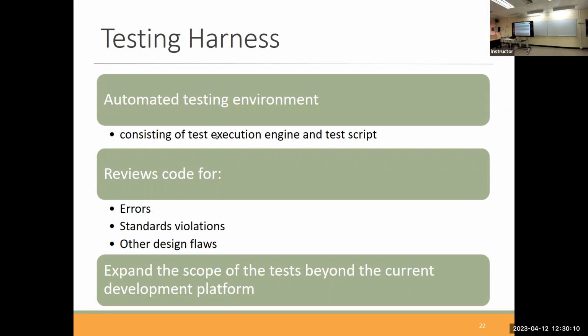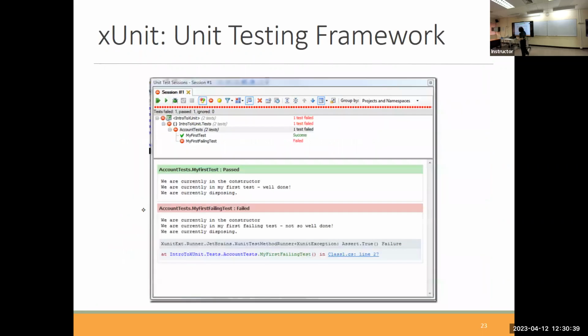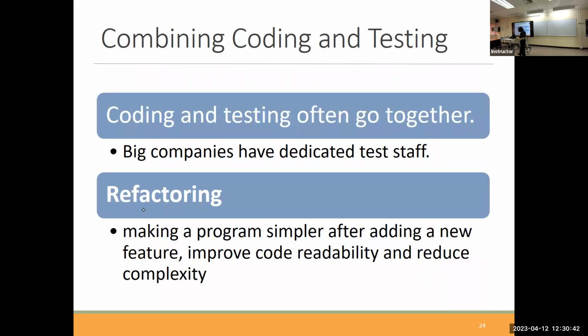But you need to define different types of tests and the script. So we need to detect the errors. We want to make sure that if there is some kind of violation and so on, how the system handles it, and whether there are certain flaws, errors, mistakes there or not. And this is an example of a test platform, the automated test engine.